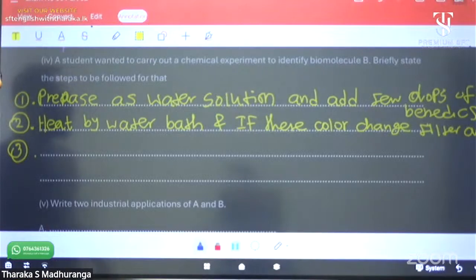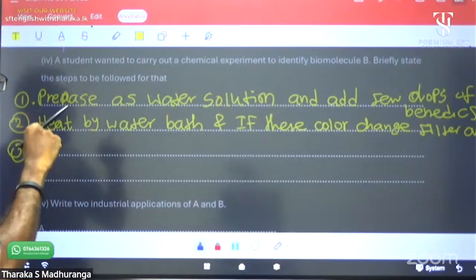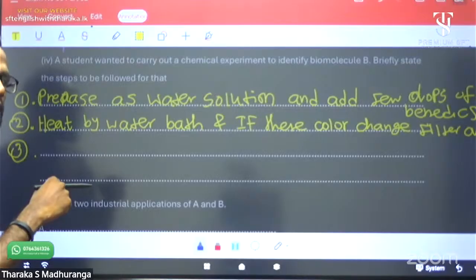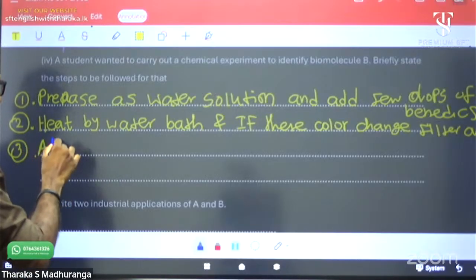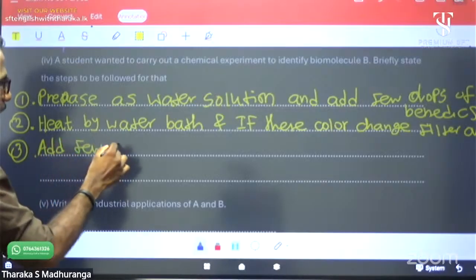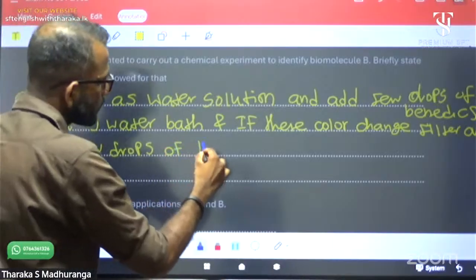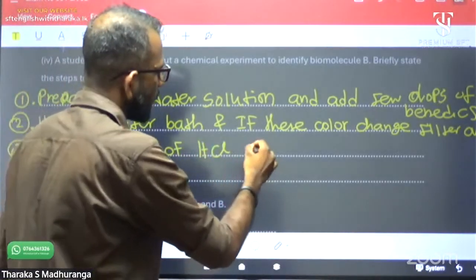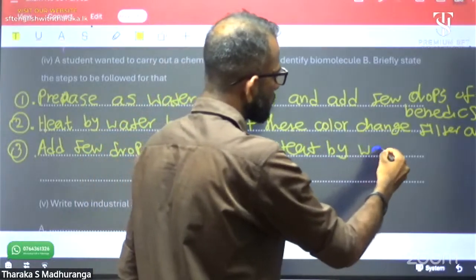I think you can remember the non-reducing identification test. Add a few drops of HCl and heat by water bath.